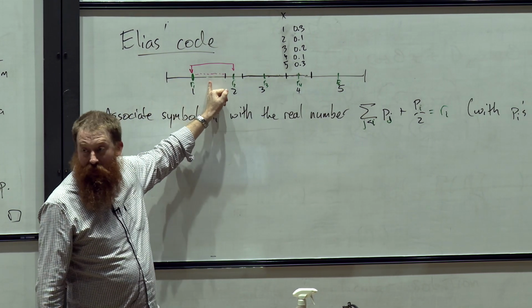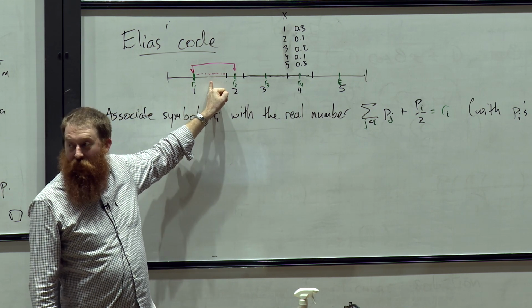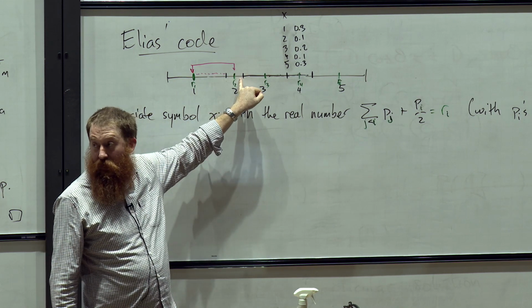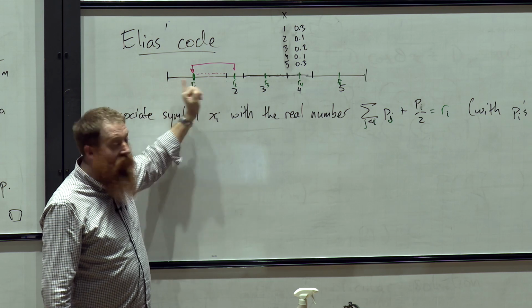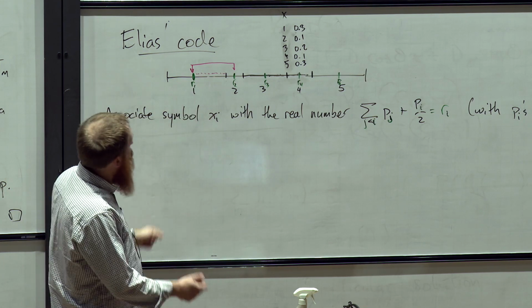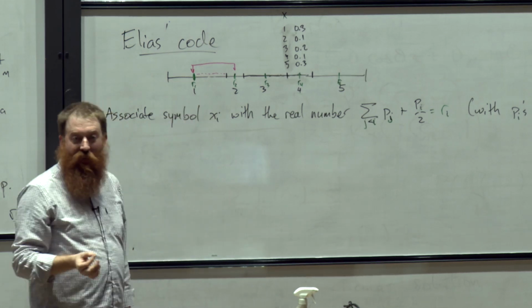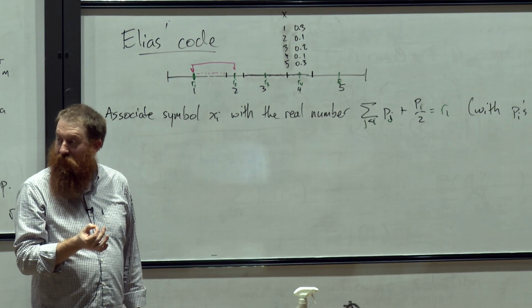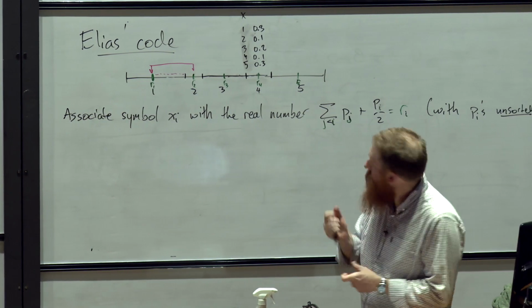It's slightly to the right, but it's accurate enough that you can tell that it isn't this number over here. It's somewhere in this interval, and that's what I'm trying to tell you. So I'm going to communicate to you a number in this interval accurately enough that you know I'm in that interval. How do I do that?